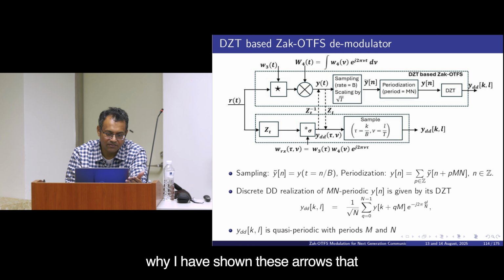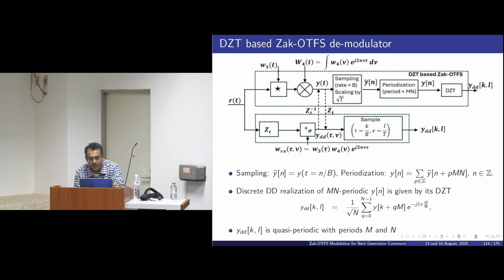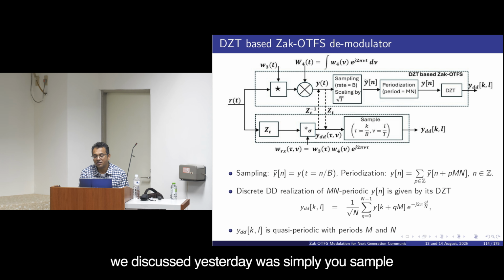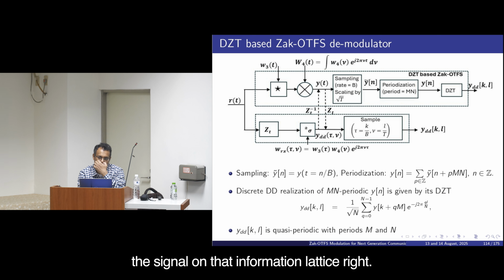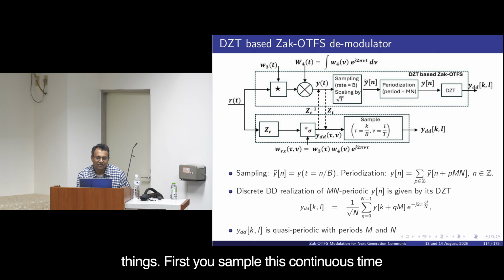That is why I have shown these arrows, because the same r(t) is going to both. Now, what we discussed yesterday was simply that you sample the signal on that information lattice. When you sample at tau equal to k by B, nu equal to l by T, you get Y_DD[k,l]. I will show that that is equivalent to doing these three things.